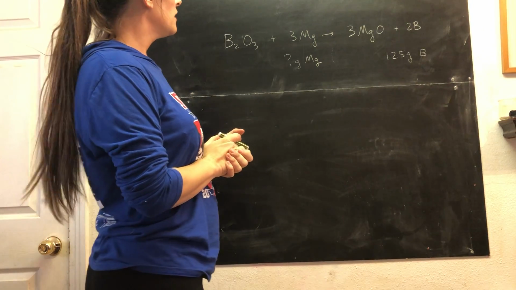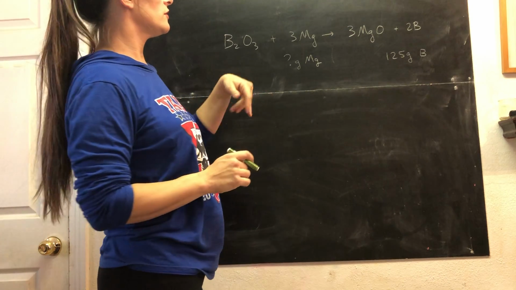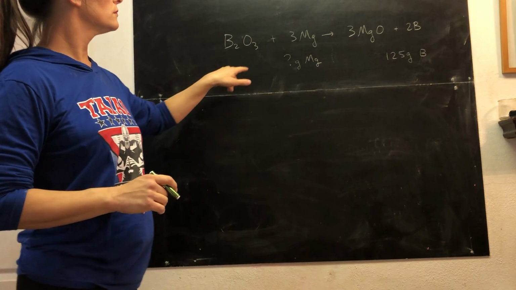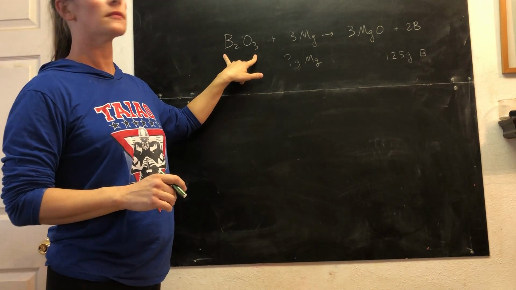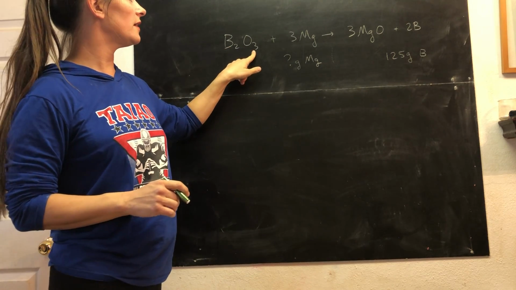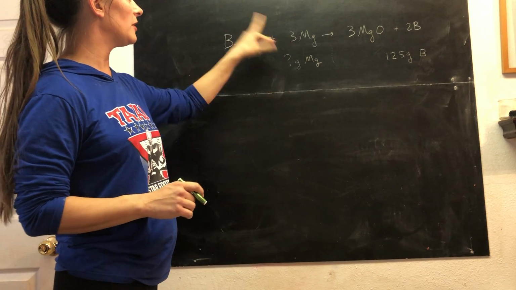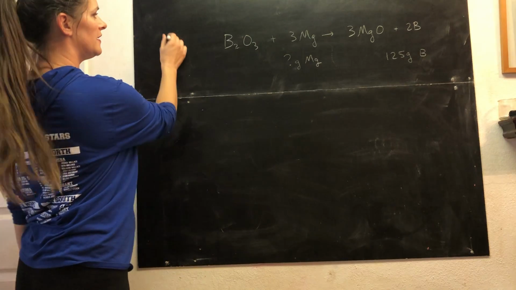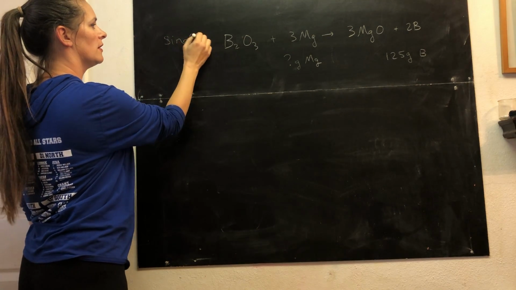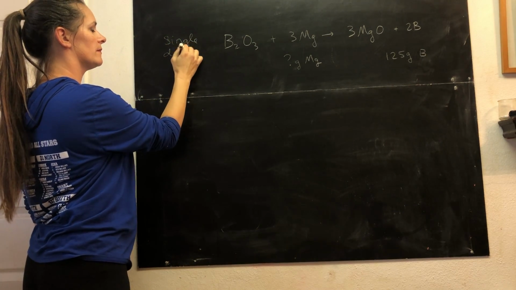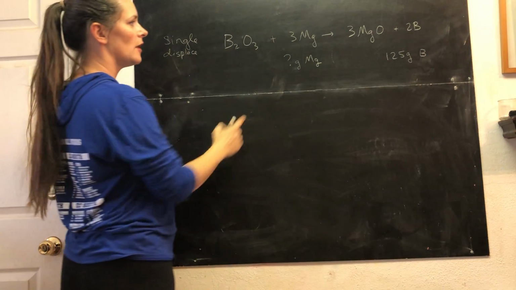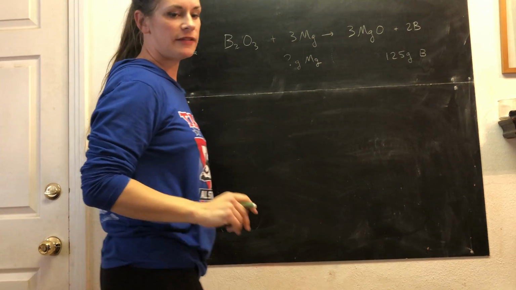Oh, what type of reaction is this? So we've got boron oxide. We've kind of taken out the boron and replaced it with magnesium. This is a single displacement. Okay, so let's figure out some molar masses first.